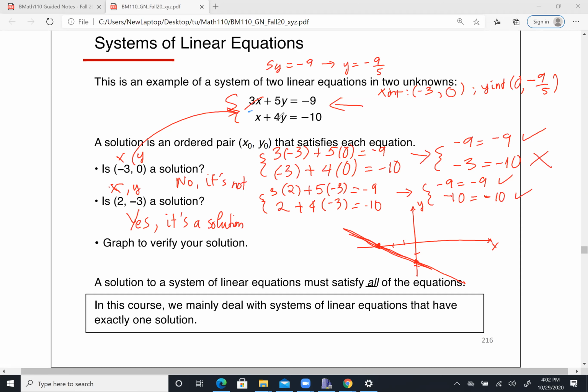What about the second one? The x-intercept, in this case, is when y equals 0. So you have x equals -10, right? Y equals 0, then 4 times 0 is 0, so that's (-10, 0) for the x-intercept. Then for the y-intercept for this one, I can clean this up.